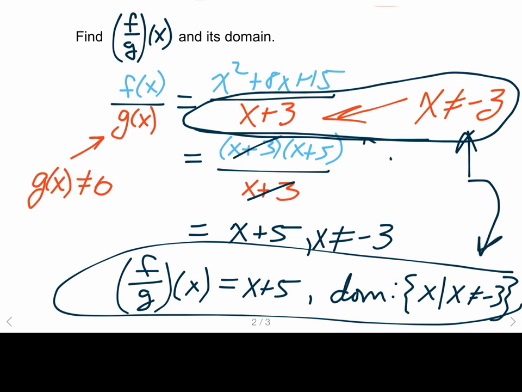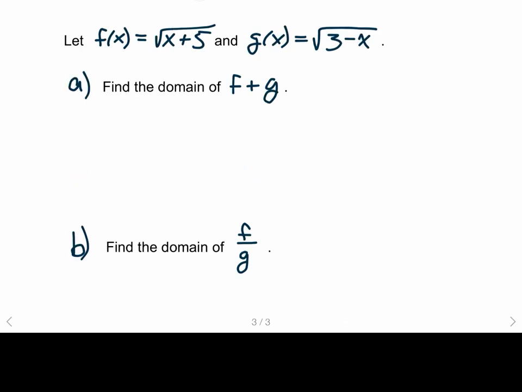The next example illustrates how we can write down formally what the domain of a combination of functions is. Here we're given, again, two functions. f of x is equal to the square root of x plus 5, and g of x is equal to the square root of 3 minus x. Let's consider the domains of f and g. The domain of f is the set of x such that x is greater than or equal to -5.